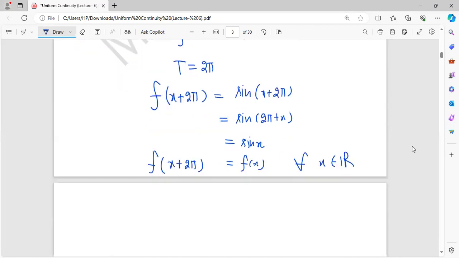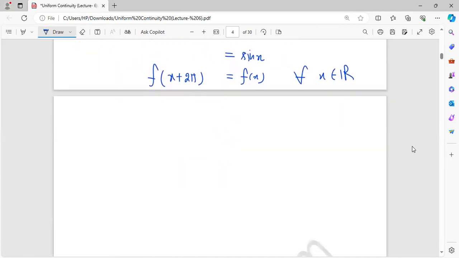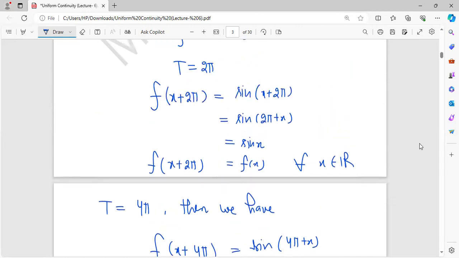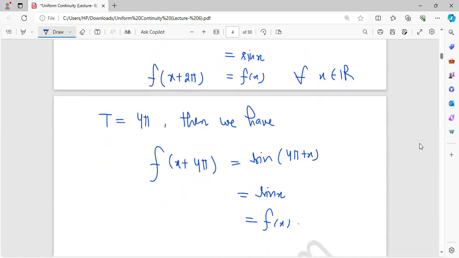Same thing if I take T is equal to 4 pi, then we have sin(4 pi plus x), and still it is sin x. So I have told that more than one T can exist, but we will take the smallest one, that is called the period of the function.